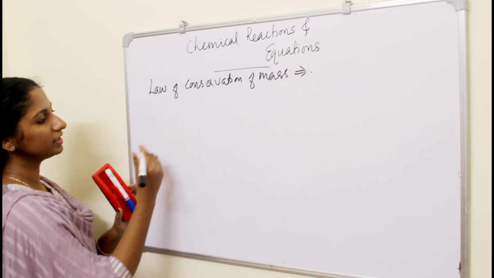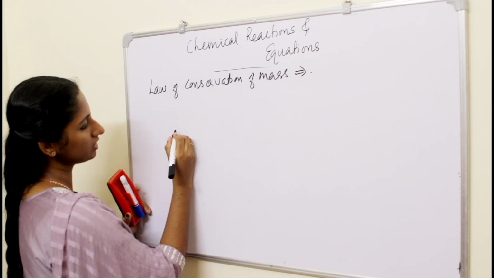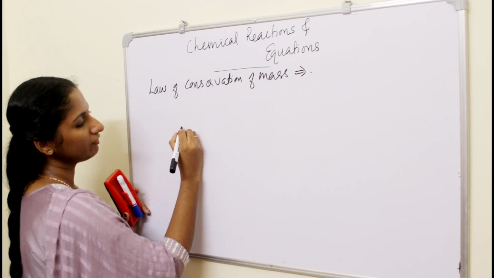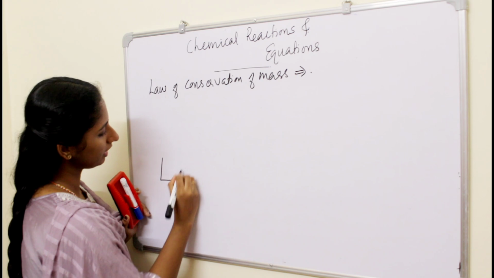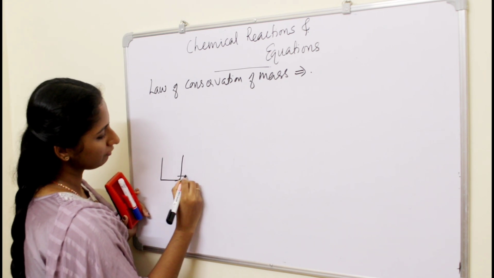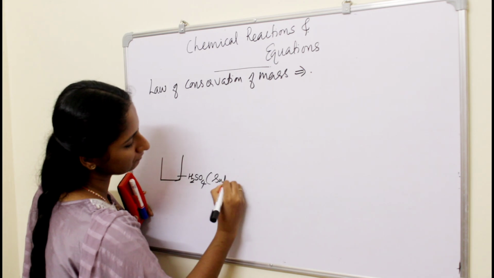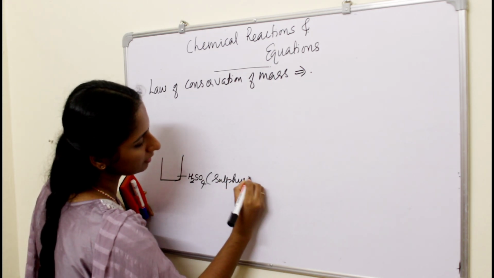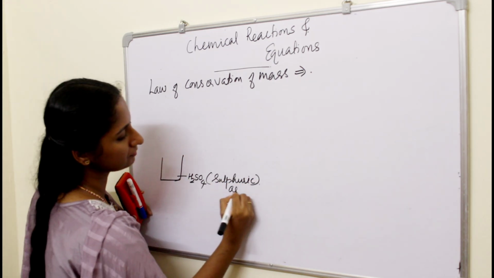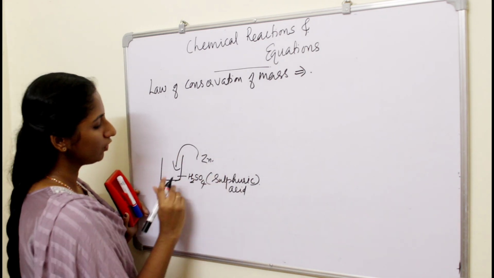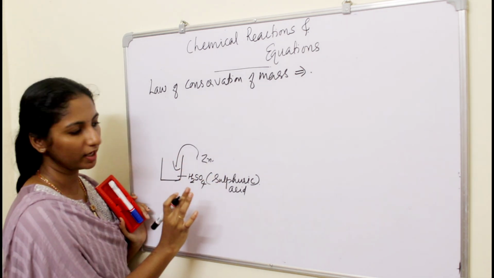Let's take the case of the second experiment you have studied. When we take diluted sulfuric acid in a beaker and add zinc metal to this, we get bubbles.